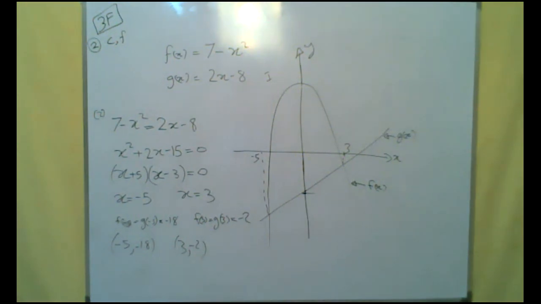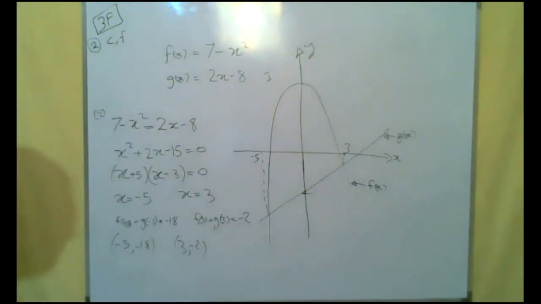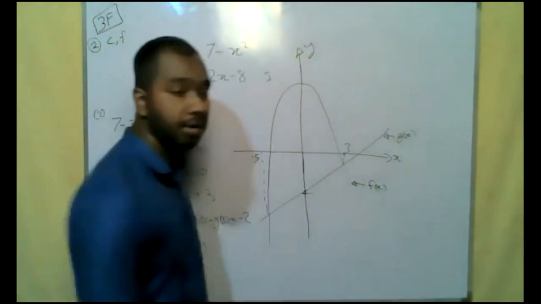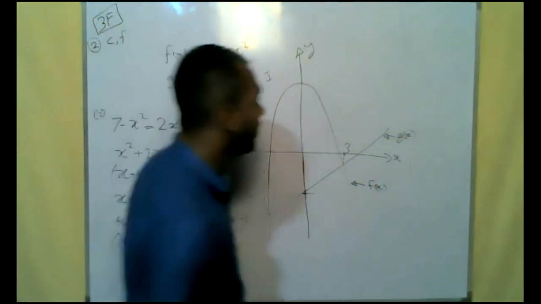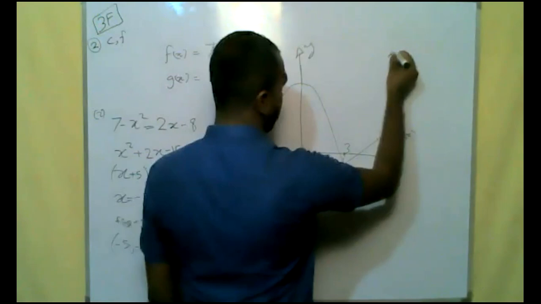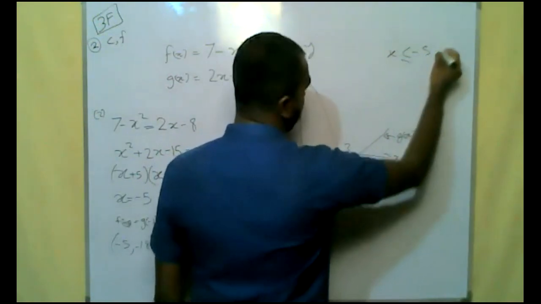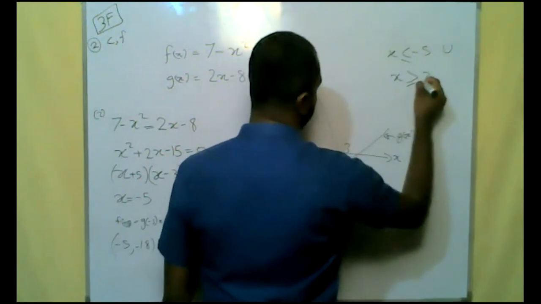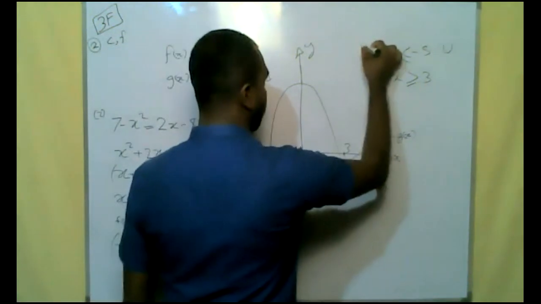Look, f(x), that means the curve should be under the line. Other way round. Yeah, other way. So x is less than minus 5 or greater than plus 3. So x is less than or equal to minus 5, or x is greater than or equal to 3. These are the answers for part 3.